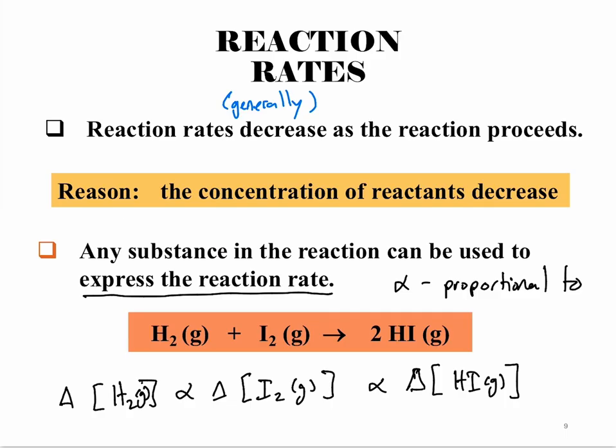So stoichiometry is going to come into play here, and that's how these are going to be related. Stoichiometry is a big word, but really all we're doing is counting for each reaction that happens. One of these reacts with one of these to create 2 of these, and that should affect the speed of things, right?